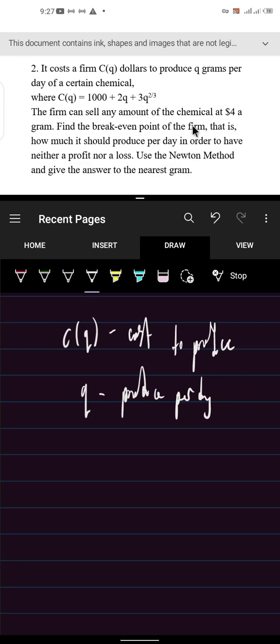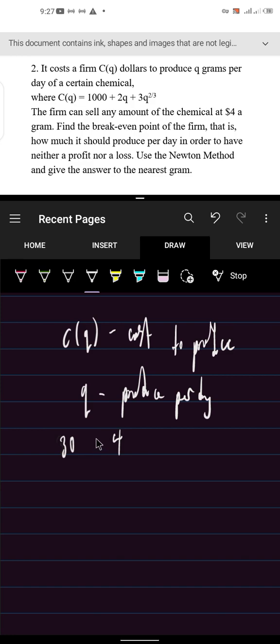Let me give an example. For instance, if we have 30 items, and we can sell those items at $4 each, and when we sell those items at $4 each, we make neither a profit nor a loss.